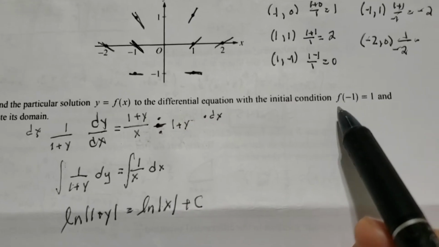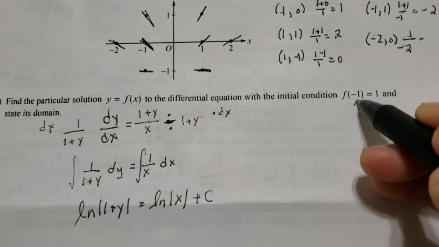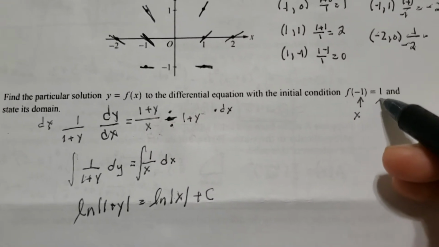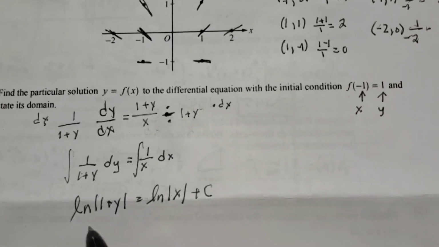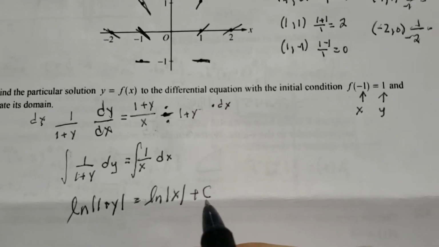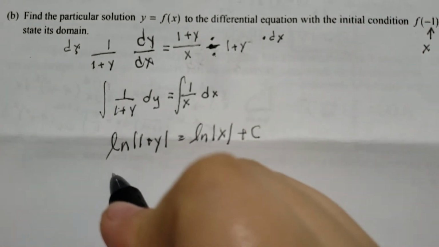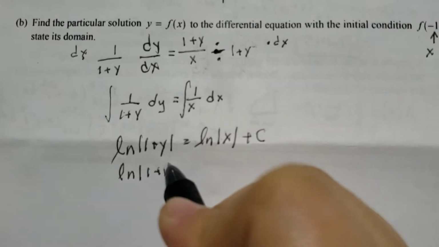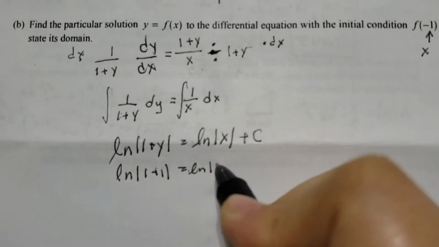The good thing is that they give us initial condition right here. Okay, every time we plug into a function, that is our input, x, and our output, y. So because I have x and y here, I'm just going to plug it in and help find out what this c value should be. So if I plug that in, I have the natural log of 1 plus 1 equals the natural log of 1.